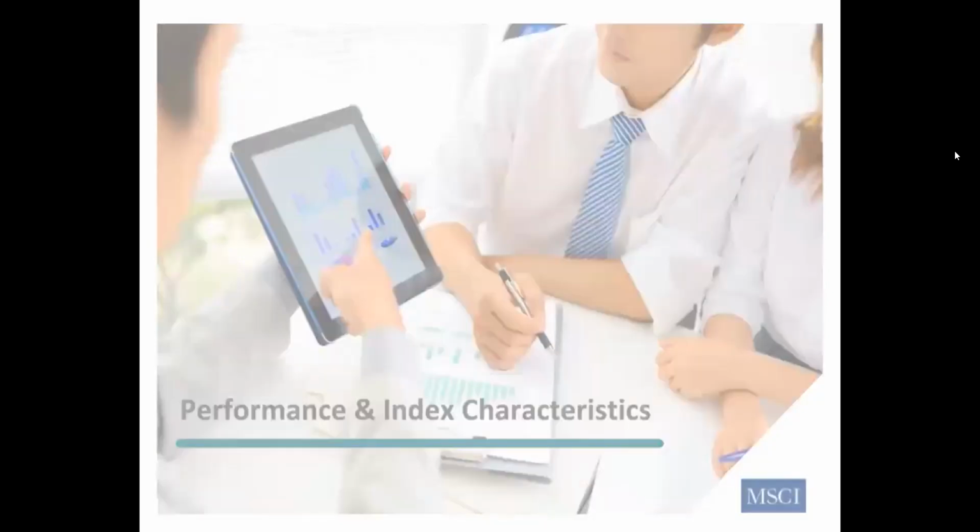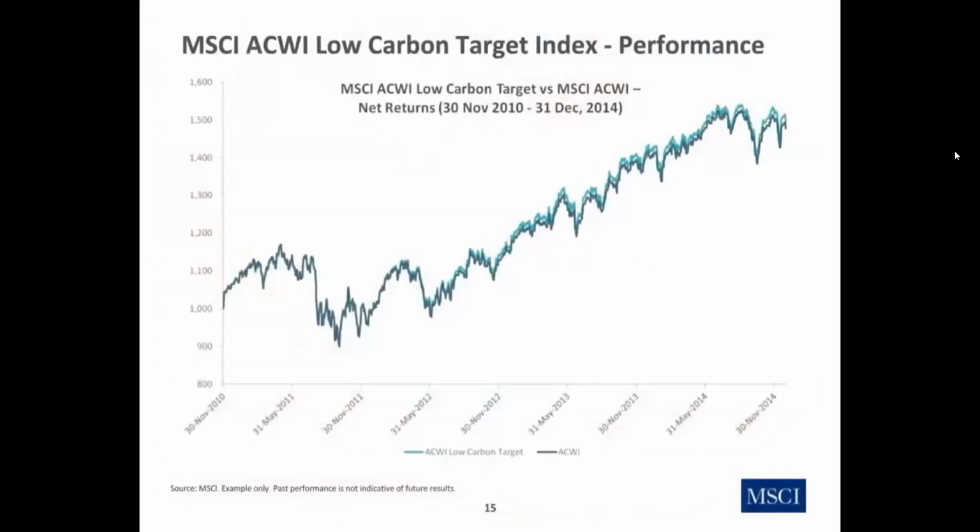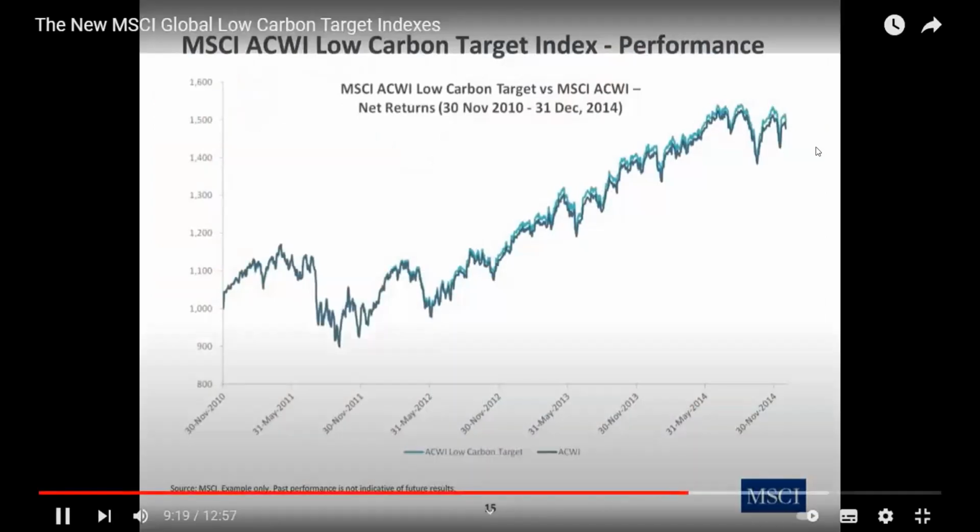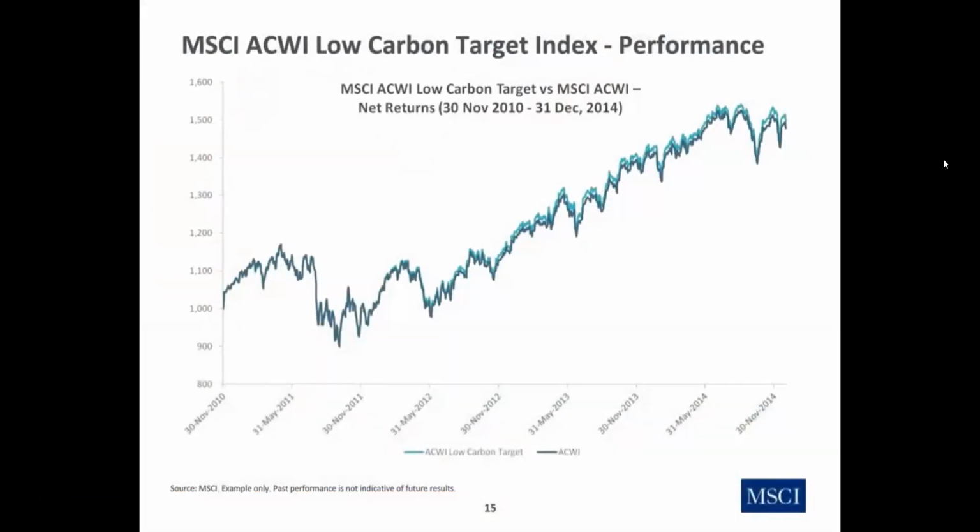Looking simply at the simulated performance chart above, we can see that the MSCI ACWI Low Carbon Target Index has tracked closely to its parent index, the MSCI ACWI, since November 2010. Over this period, the MSCI ACWI Low Carbon Target Index slightly outperformed its parent index, 10.4% versus 10%.